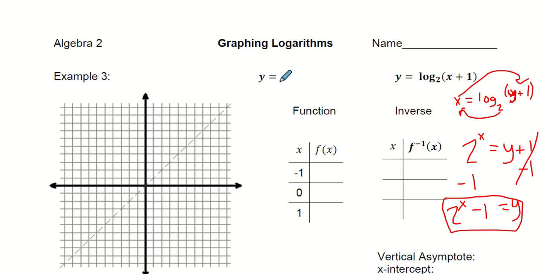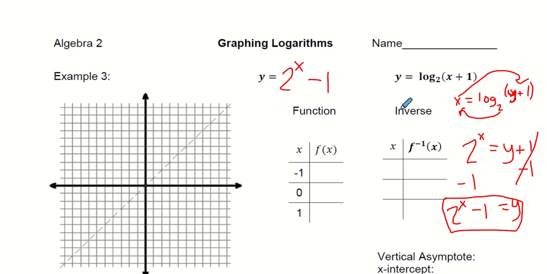So the 2 to the x minus 1 would be what goes here. And then once you get to this point, that's when you graph this. That's when we'd start over to where we've been doing for the last little while. We would graph this and then graph this. Okay, so we can't really graph a log. I mean, we can, but it's easier to find its inverse and then go from there.